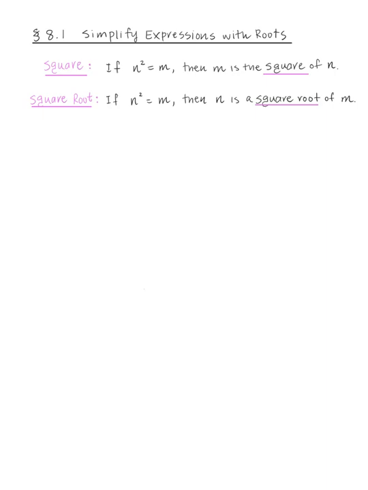For an example, let's take a look at when n equals 5. Do you see that 5 squared equals 25, right? Then 25 is the square of 5. And similarly, if 5 squared is 25, then 5 is the square root of 25.